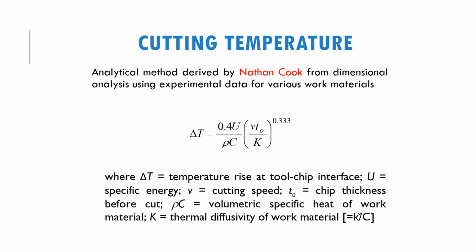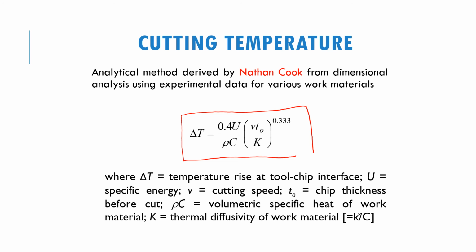Due to that, Nathan Cook came up with an equation to predict at least the temperature rise at the tool chip interface. The equation is like this one. What are the components inside here?